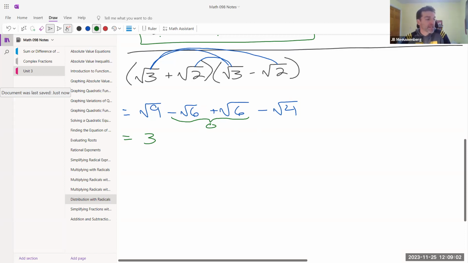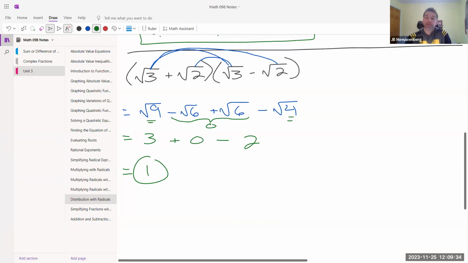But over here we have minus radical 4, which is the same thing as minus 2. If you prefer to write condensing this to plus or minus 0 and then do the minus 2 for this one, that's fine. Anyway, 3 plus 0 minus 2 is just equal to 1. So this entire thing just simplifies to 1 because 2 of our radicals were of a perfect square and the other 2 just canceled out. So that is how we distribute with radicals.